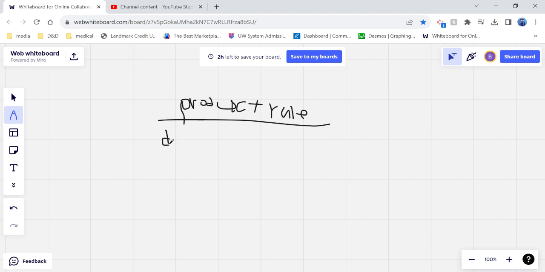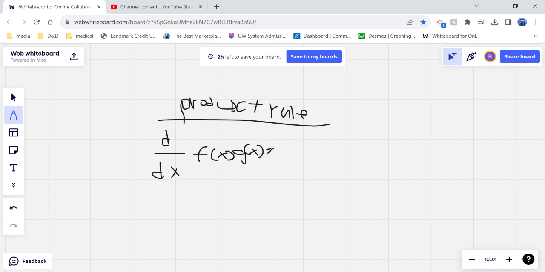And we use this when we're trying to find the derivative of the product of two functions, or what looks like the product of two functions, right? So it's two functions, f of x and g of x.